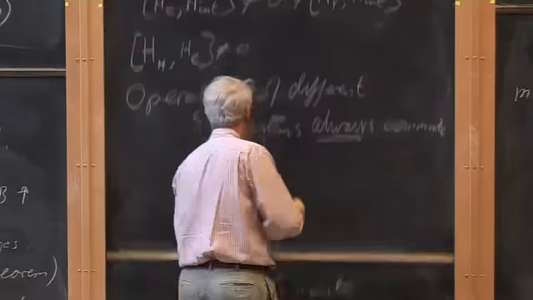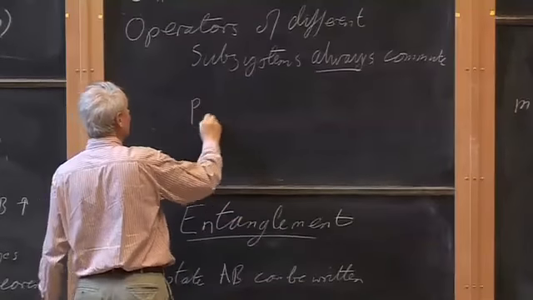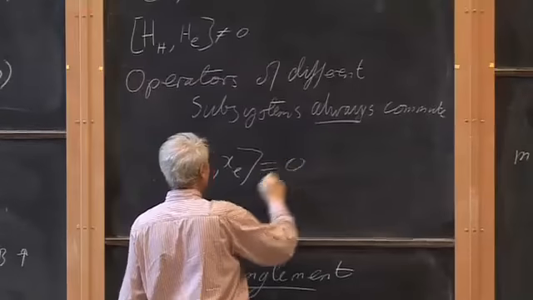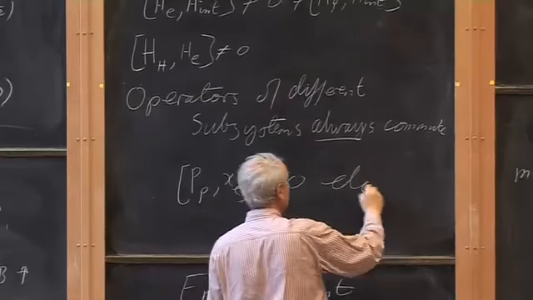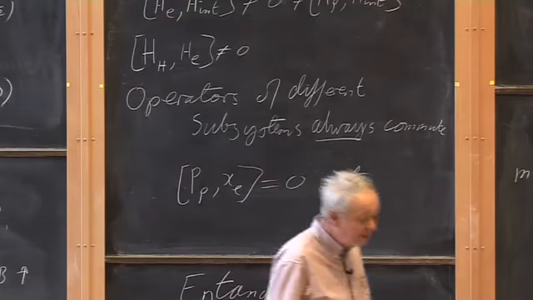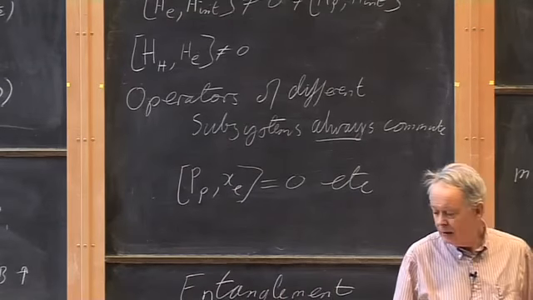So, for example, the commutator of p proton with x electron is precisely nothing, etc. We do not have to worry about non-vanishing commutators of operators that belong to different subsystems.